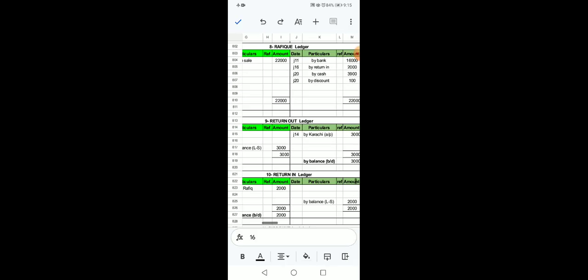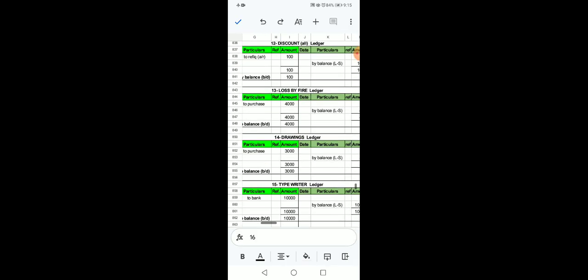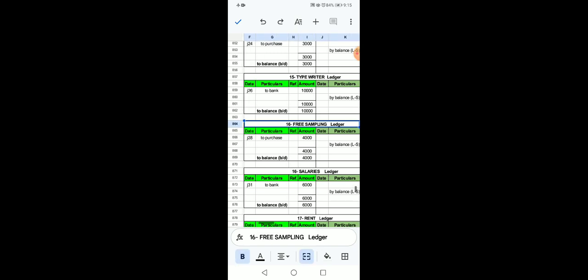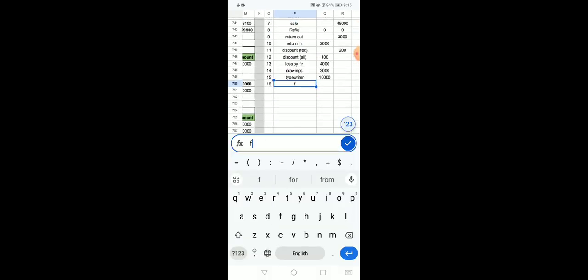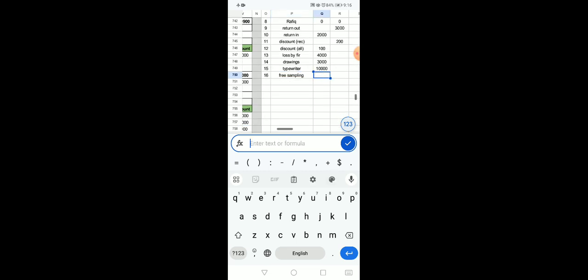Now the 16th ledger, please focus. What is the 16th ledger for? Free sampling. The first step is to change the title, which is free sample. You can imagine the length of the question. Free sampling is your ledger title.